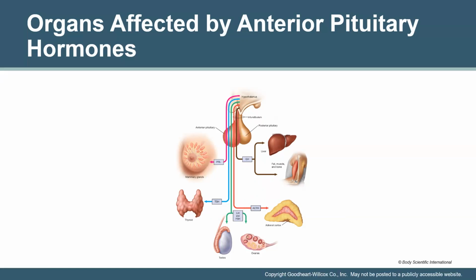So just to review some of that medical terminology, again, ACTH, TSH, FSH, and LH are the tropic hormones of the anterior pituitary, because they are produced by cells in the anterior pituitary. Tropic hormones act on other endocrine glands, not on body tissue.